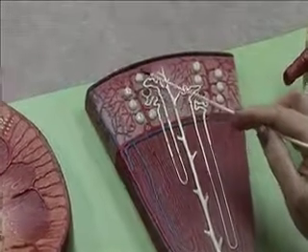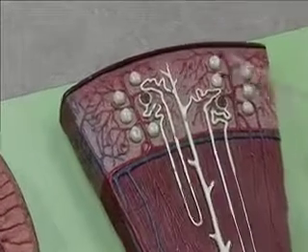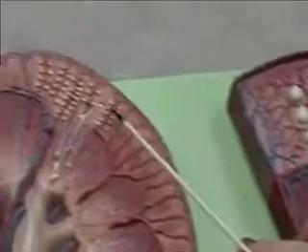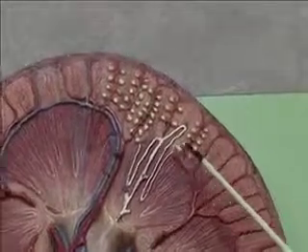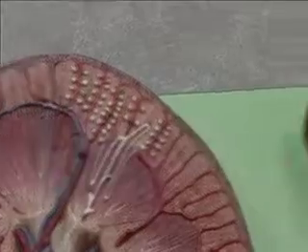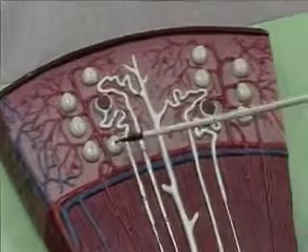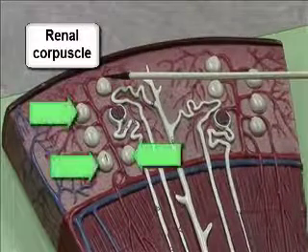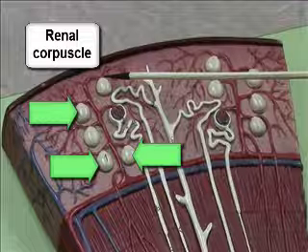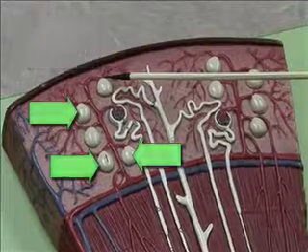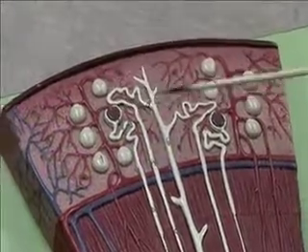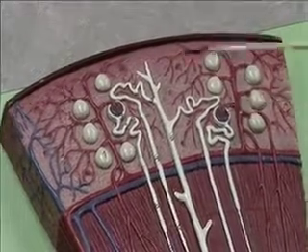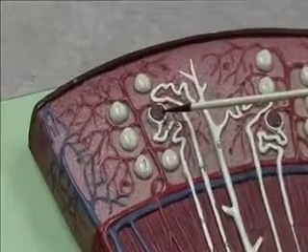Each one of the white dots represents a small white dot on the larger section of the model. These are renal corpuscles. A couple of the renal corpuscles have been cut open to show the vascular structures inside.